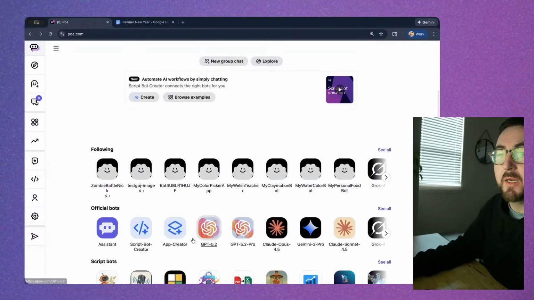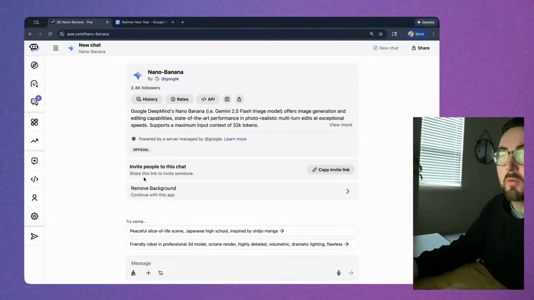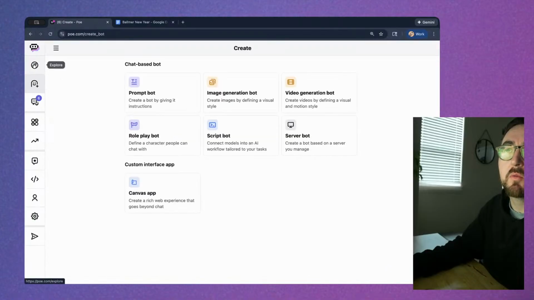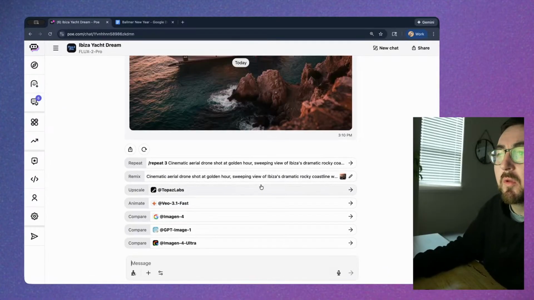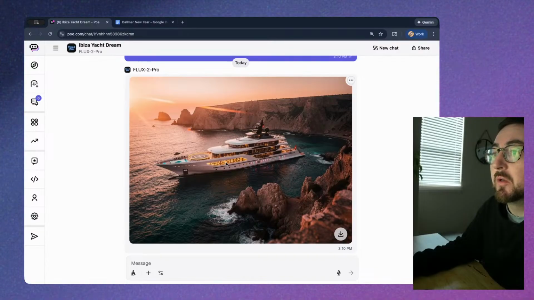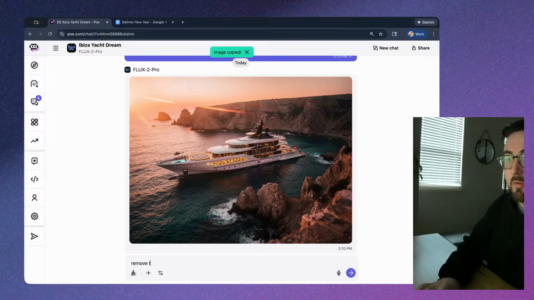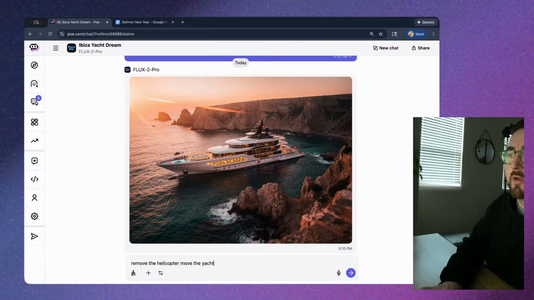Now let's go back to Nano. We did Flux 2 Pro, right? Okay, this is pretty good. I don't like the helicopter. Move the helicopter, move the yacht more out at sea.